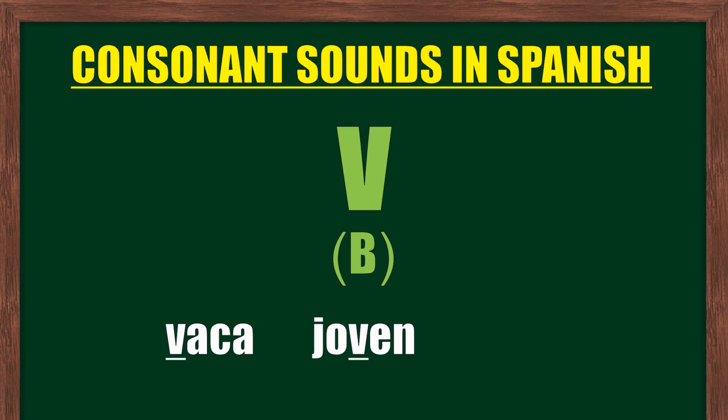It is not joven with a V, it is joven like a B. Volver, return. Here we have two V's, and we pronounce both of them like a B. Vaca, joven, volver.